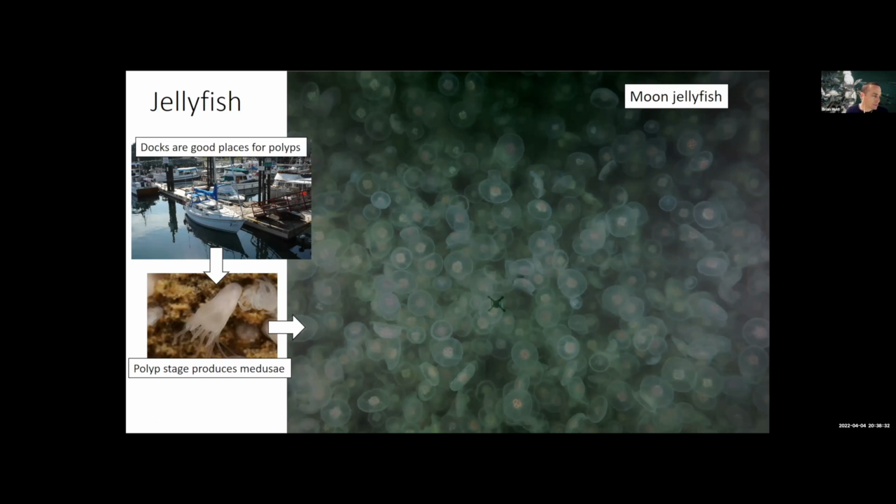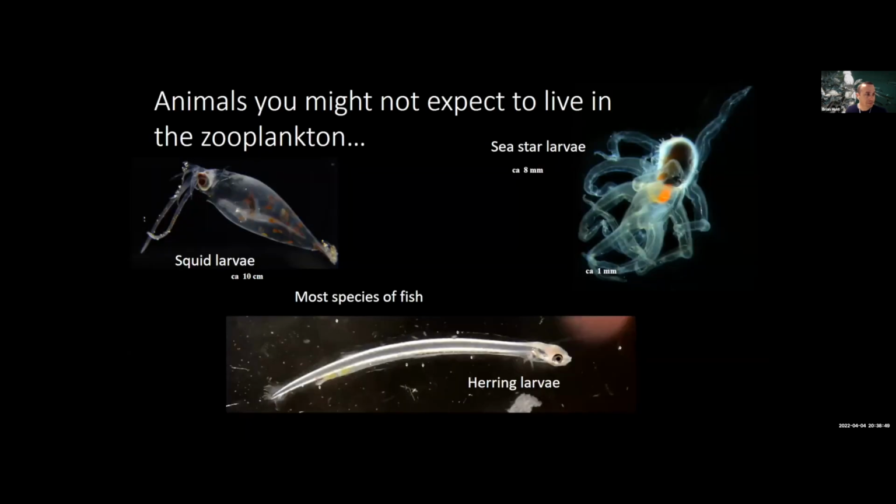Let's not call them blooms, but aggregations of Aurelia jellyfish in these locations. We've estimated some of these jellyfish aggregations to be up to 100 tons. Just really enormous aggregations.